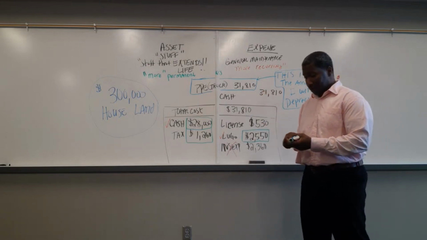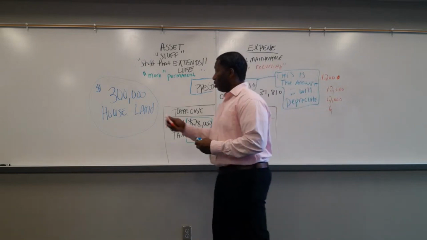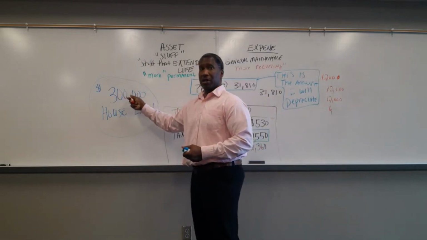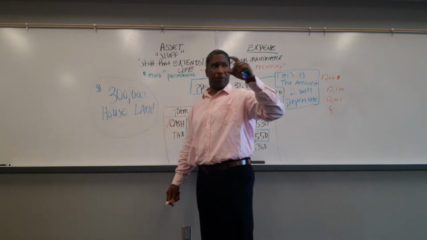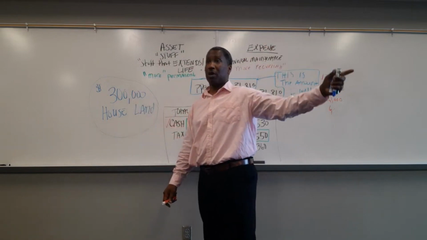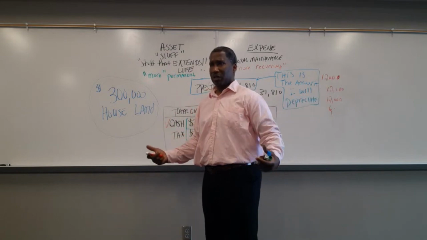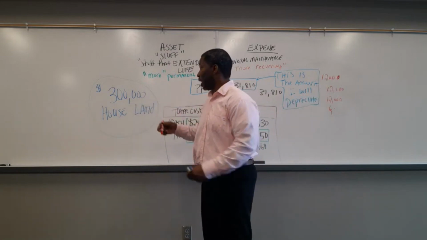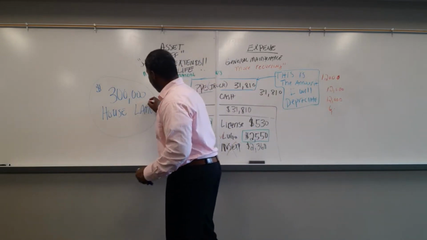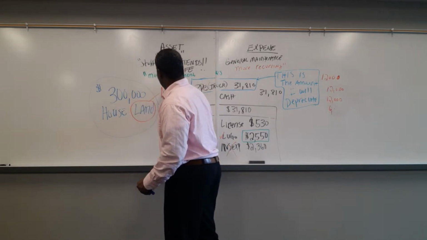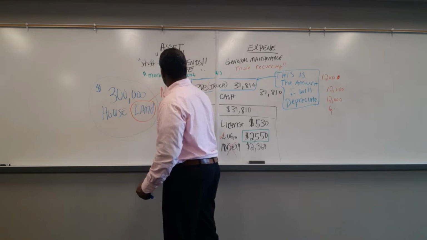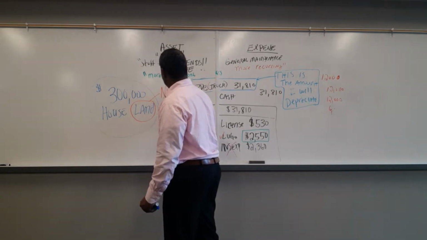What I want us to know is that I don't know what this is. You have to go and look this up wherever you are, because where you're going to buy your $300,000 vacation house that you're going to rent out is going to be a different location, which means prices are different, right? But y'all are going to both pay $300,000. This component right here, land will never depreciate.